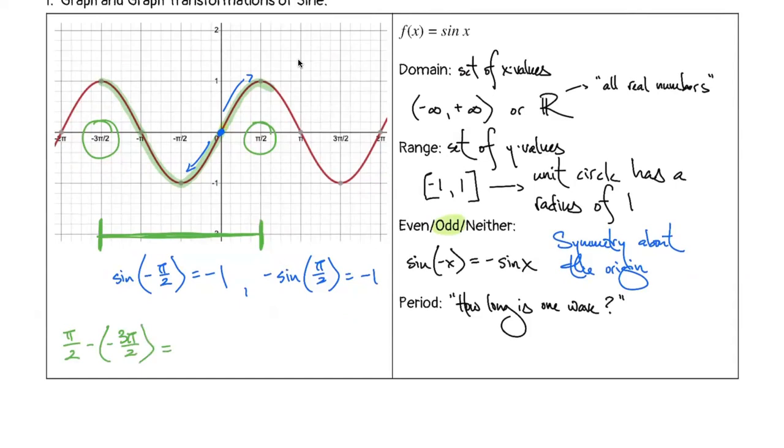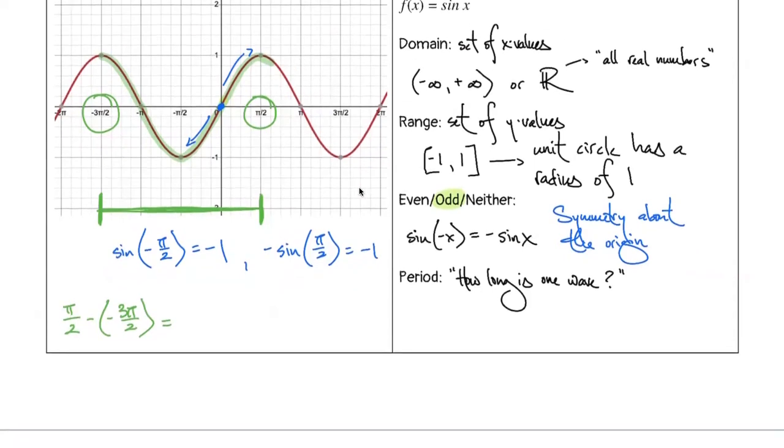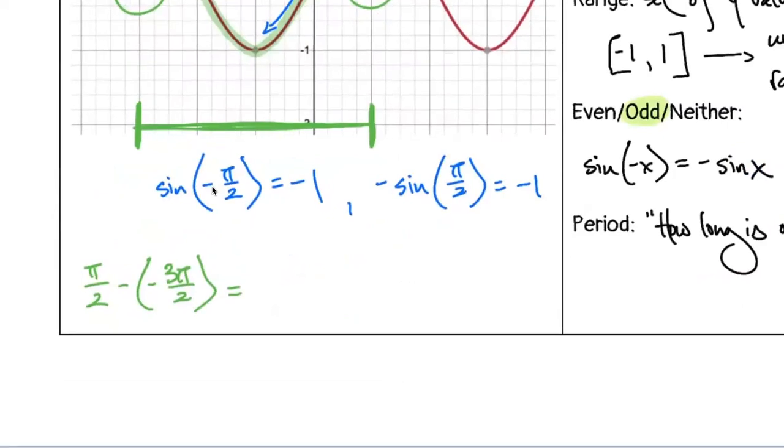It's another way that I can write that. I'm just working with arithmetic. Exactly. I could say the negative negative makes that a plus. So pi over 2 plus 3 pi over 2.